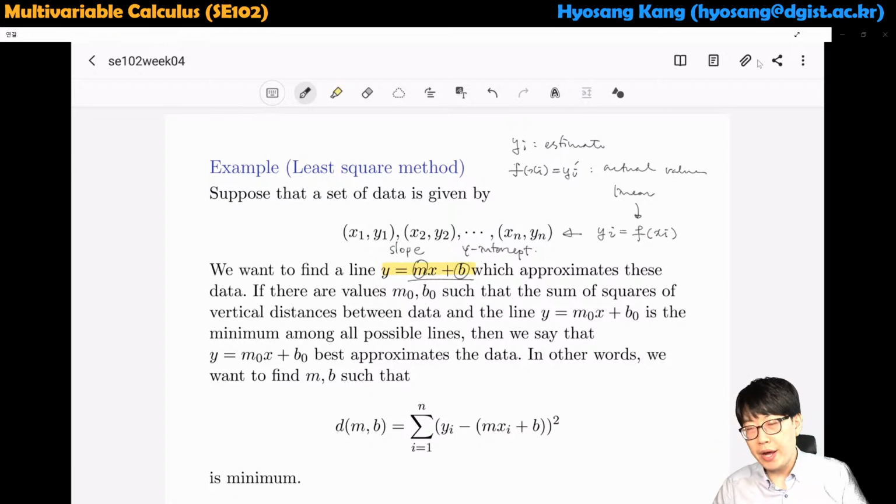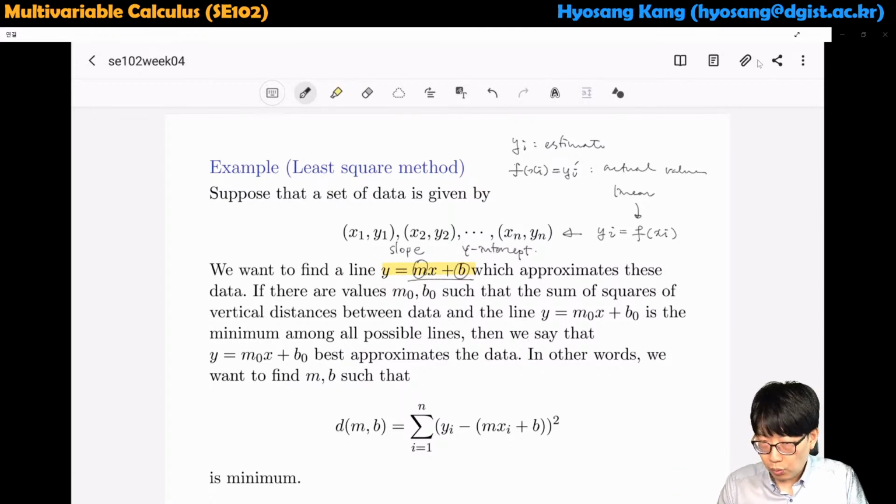The reason yi is called the estimate is that we are assuming this data actually follows the linear line, but because of other error noises or other outside reasons, this value is obtained with errors.